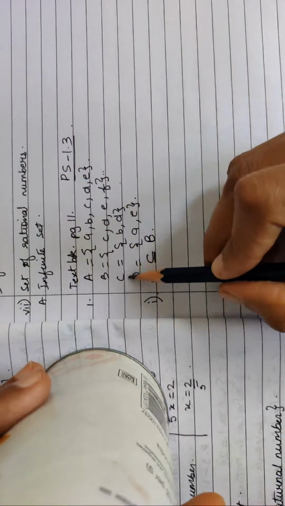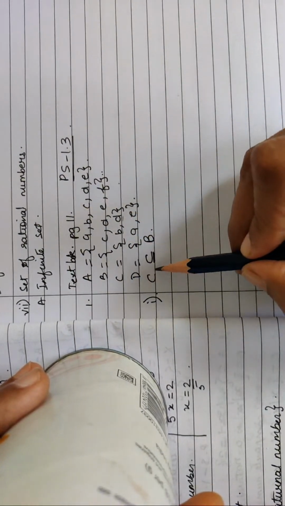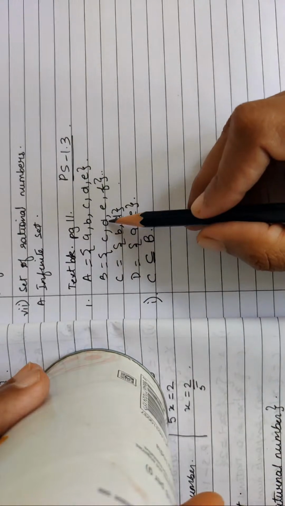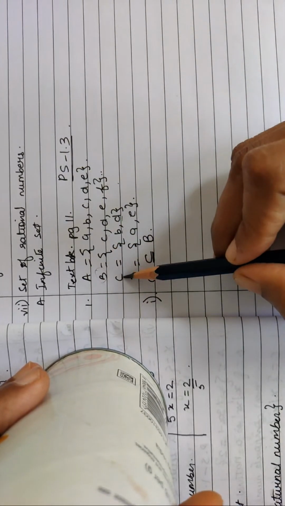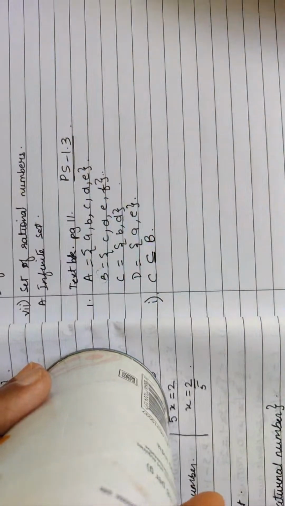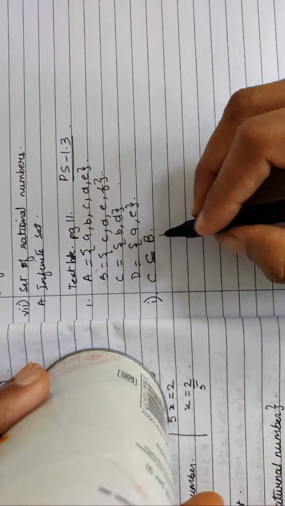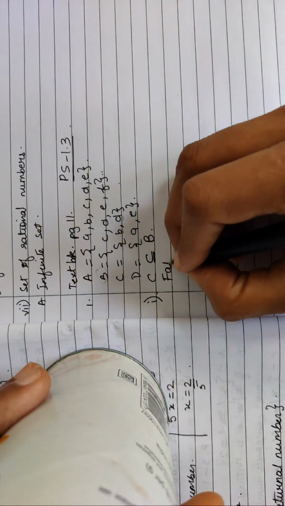Now look, set C has B and D, and set B has C, D, E, F, so set B is bigger than C, so B cannot be a subset. So this statement is false.